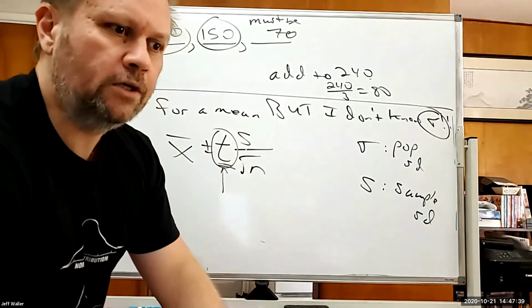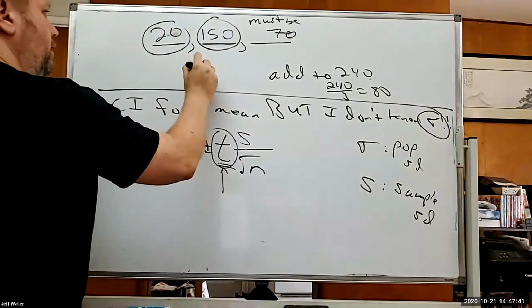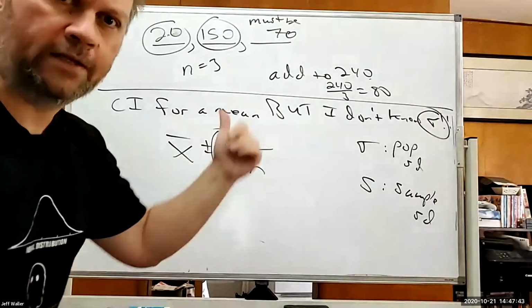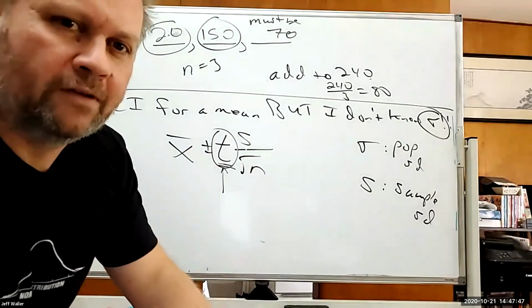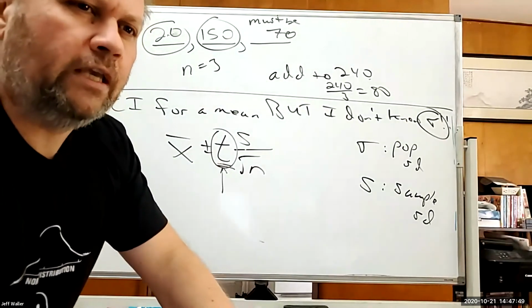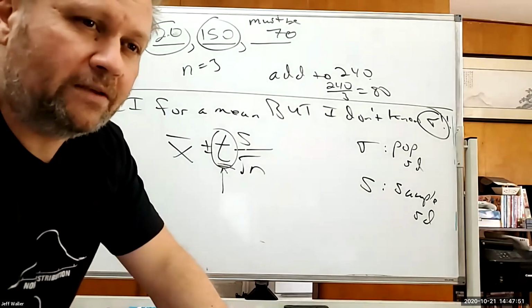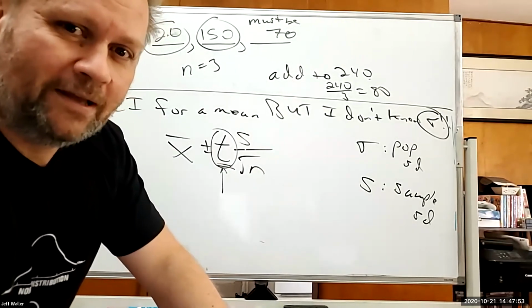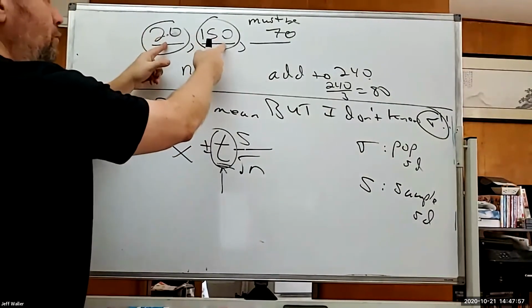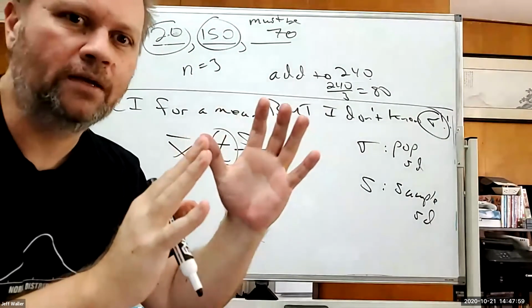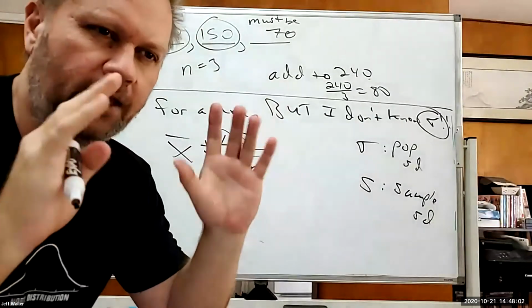So if I ask you, my n is 3 here, right? How much freedom do I have? Do I have 3 full degrees of freedom? No, I've only got 2. Does that make sense? 2 degrees of freedom. It's sort of like how we measure things.